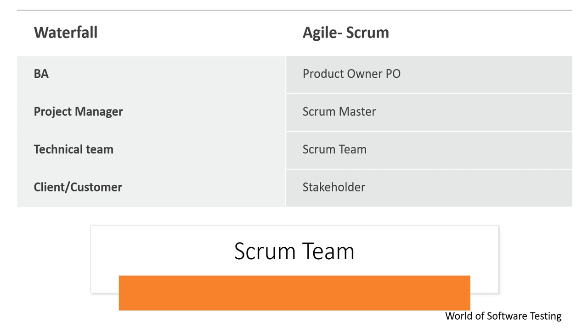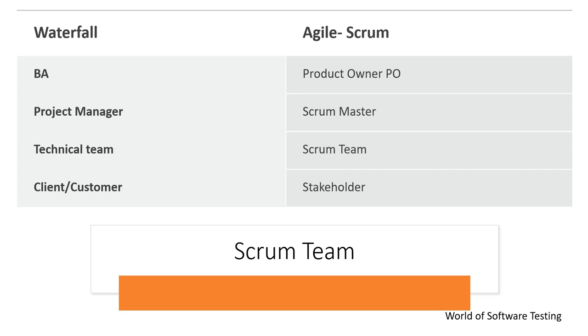Based upon the input, he will prepare the BRS and SRS, and that will be sent to the technical team. In the case of Agile, almost the same responsibilities are there, but we call it a product owner, that is a PO. So he takes the input from the clients, takes all the requirements, and then again prepares some documents. So this is the product owner.